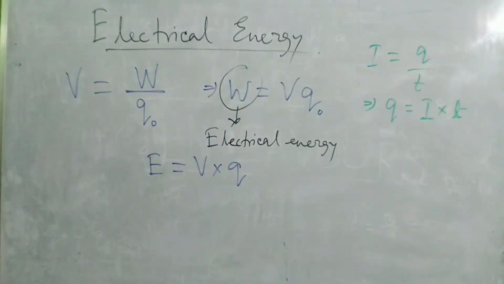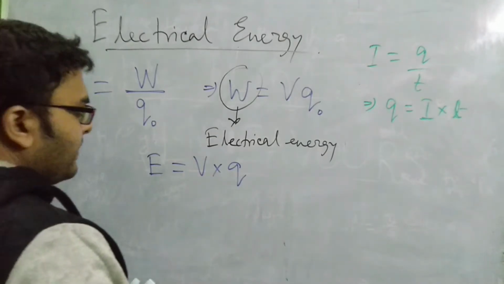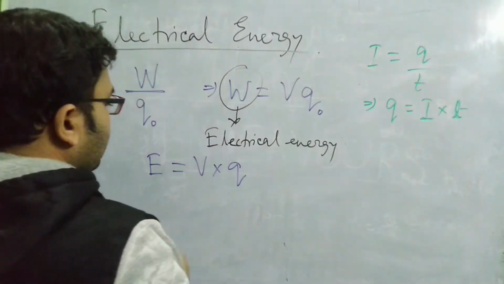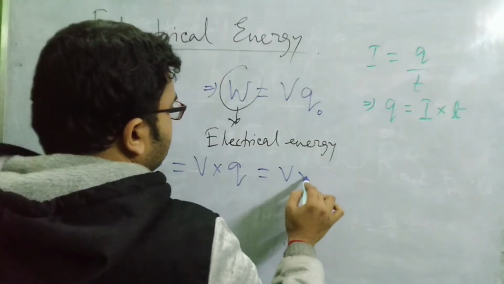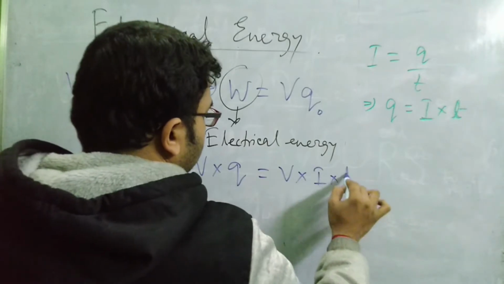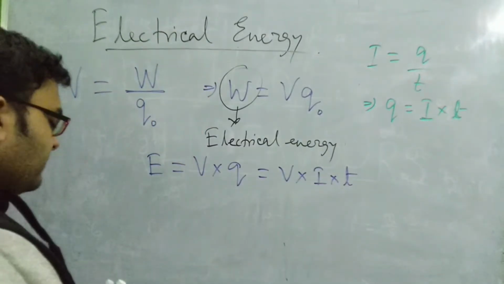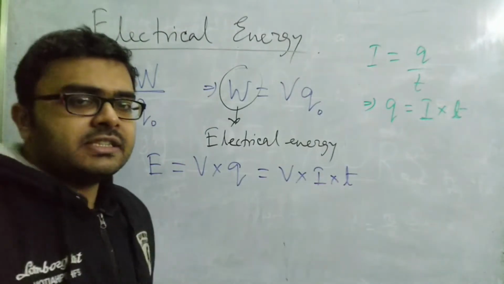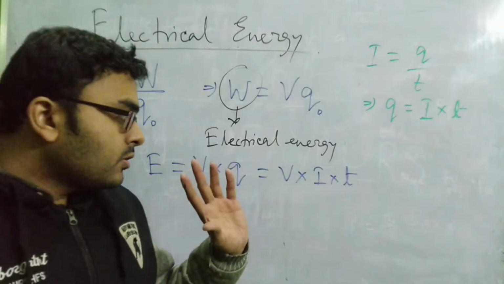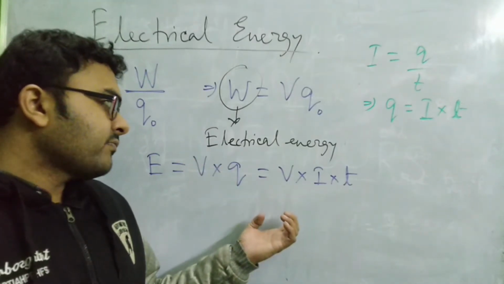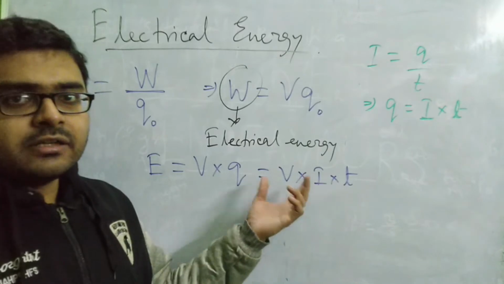So from that we can substitute the value of Q into the equation for the energy. So if I just substitute this value here, what do I get? I get V into I into T. So this is the expression for electrical energy, which relates electrical energy with the known parameters that you can actually get: current, voltage and time.